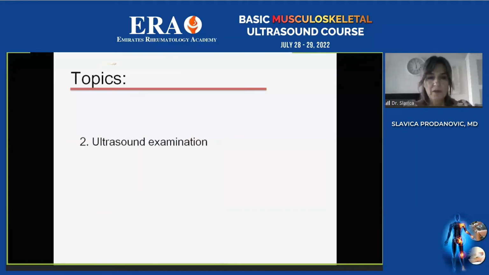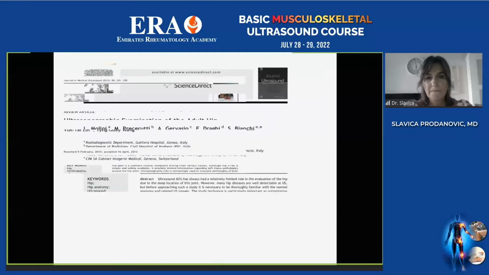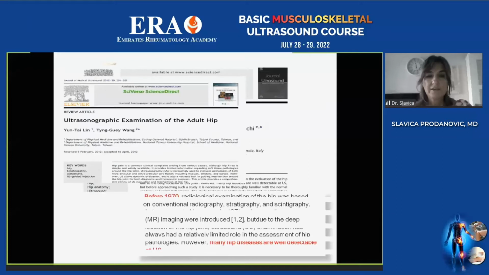Then we are moving to the ultrasound examination. What about ultrasound examination of the hip? Before 1917, the main clinical methods of exploring hip pathology were CT, radiography, or MRI.